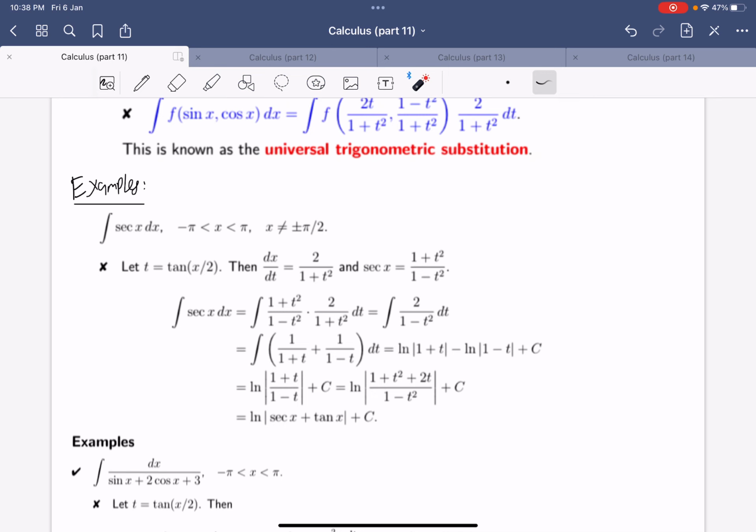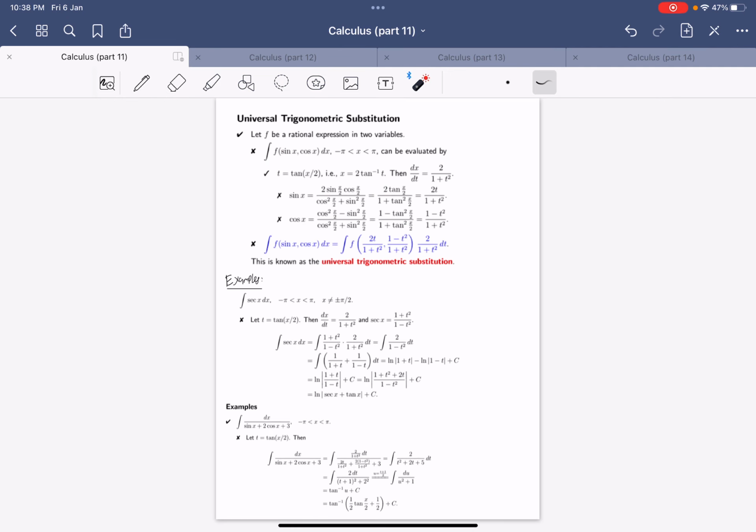Then you recognize that there's a repeated term, and that ln of (1 plus t) over (1 minus t) can be split into (1 plus t squared plus 2t) over (1 minus t squared). This portion is secant x, and this portion is tangent x. And hence, you get ln of secant x plus tangent x as the antiderivative of secant x.